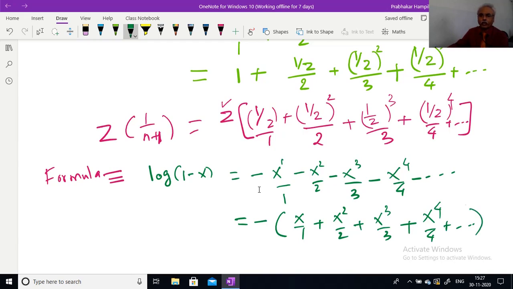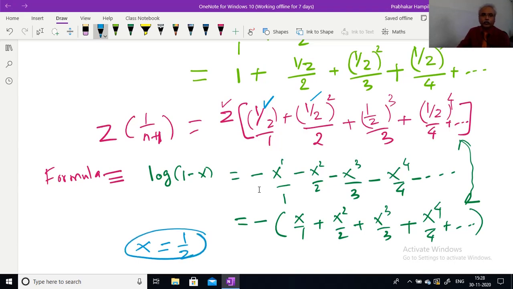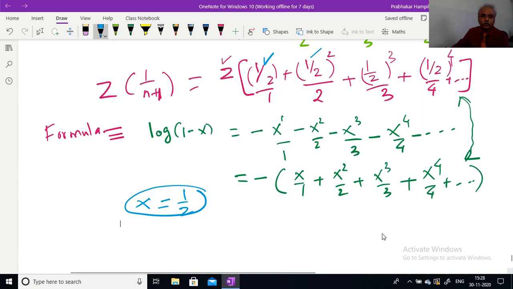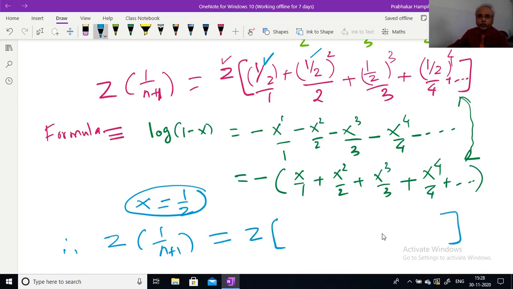Now if you compare these two terms, x looks like 1 by z now. So therefore our Z transform of 1 by n plus 1 starts looking like this. Outside z as it is, the bracket is minus of this, I can write this minus and transfer this side.